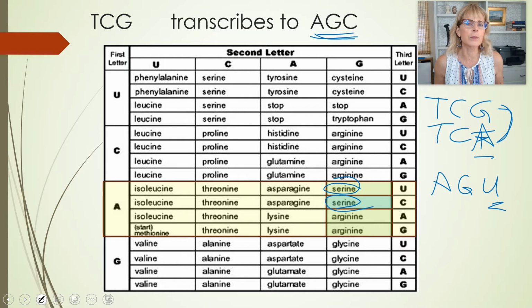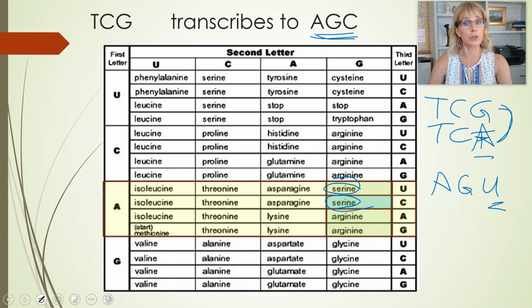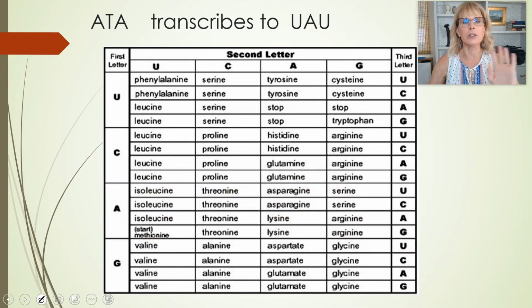So which one of us has the mutation? It'd be very difficult to figure that out, but it doesn't even matter because we're going to make the same protein, which leads me to a discussion of mutations. But let's practice this one more time before we go to a discussion of mutation.